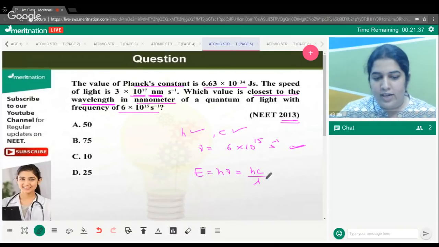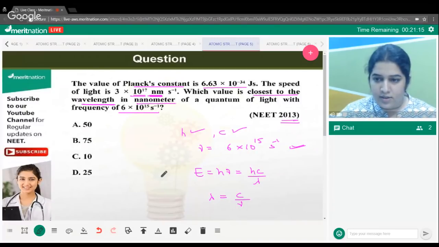So I can put h nu equal to hc upon lambda, or simply we have c equal to nu lambda. We need to calculate lambda here. So lambda can be calculated as c upon nu. So you can calculate the correct answer there.